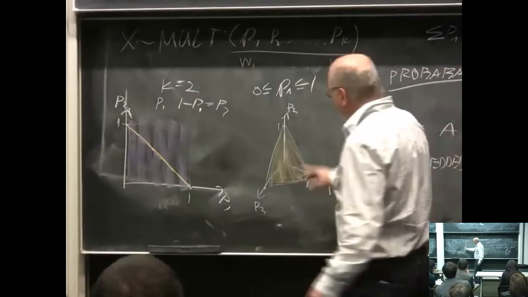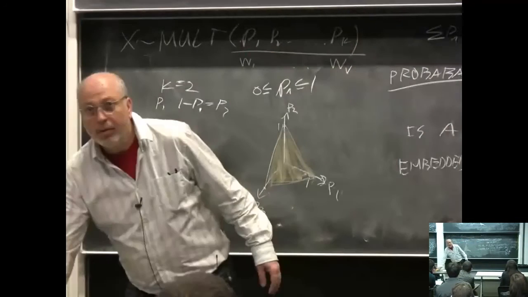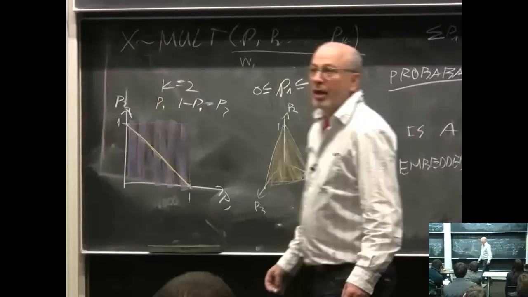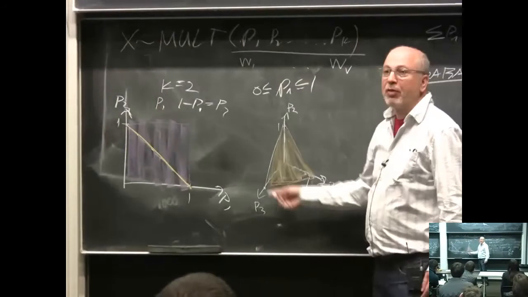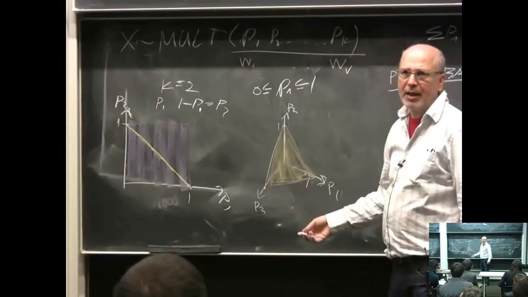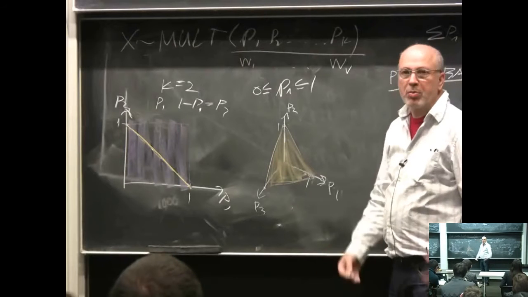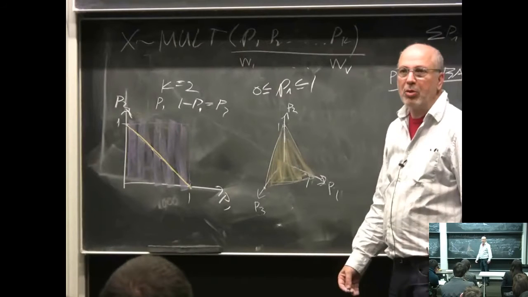Okay, so now we have a 2-dimensional creature, this triangle, and it has the property that there are only 2 degrees of freedom here. You can choose 2 different ways of deciding them, this way and that way. 2 different choices between infinite number of values.